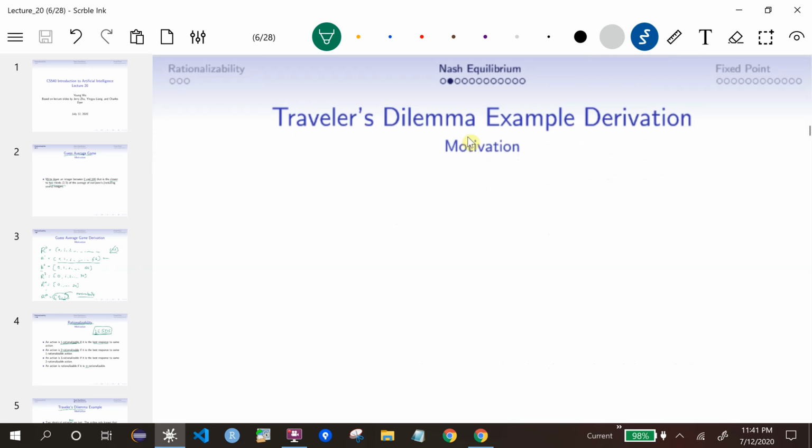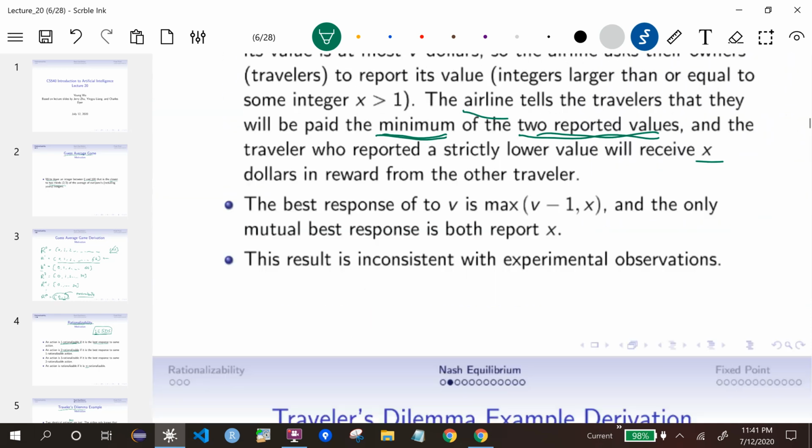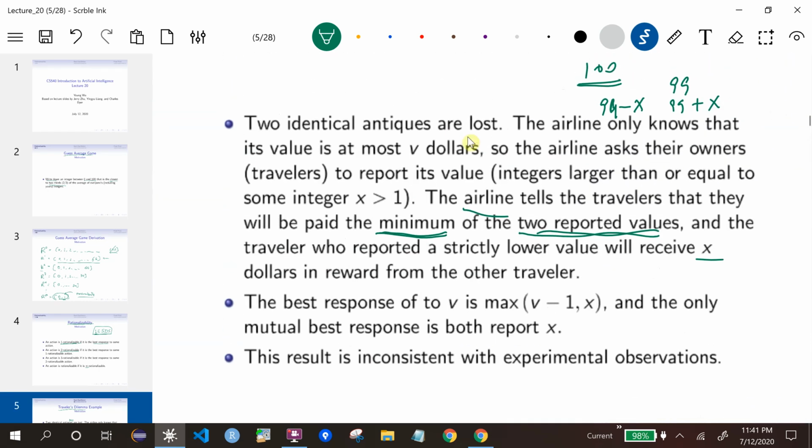Let's start with some guess and say both of the travelers will report something like, say, 100. The number seems arbitrary, but let's say that the maximum value here, the V here, is just 100.